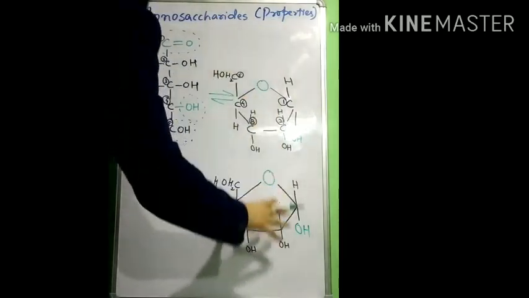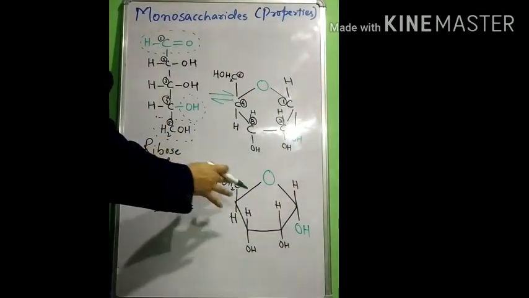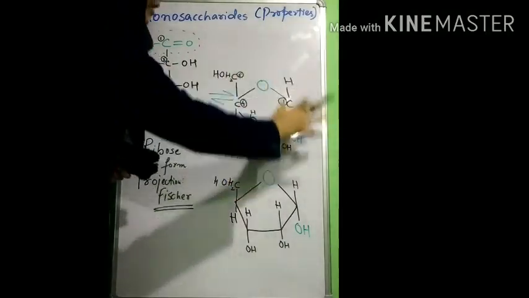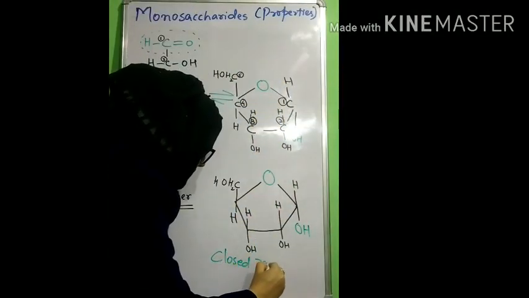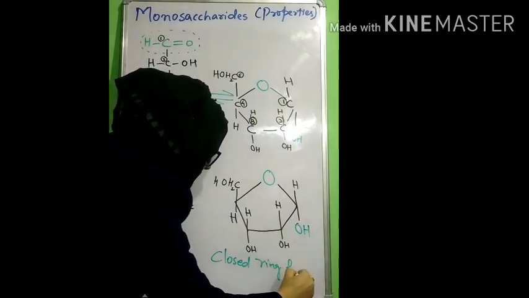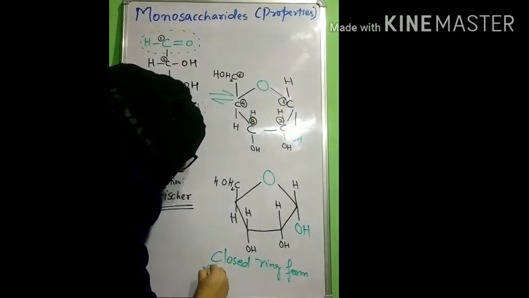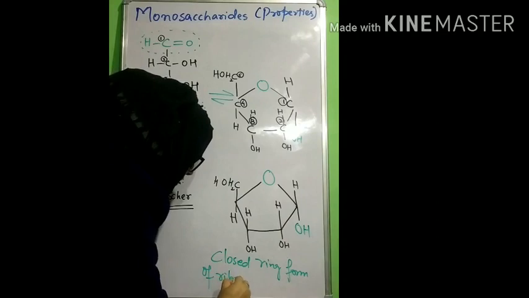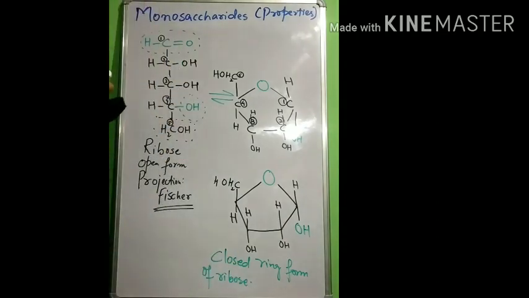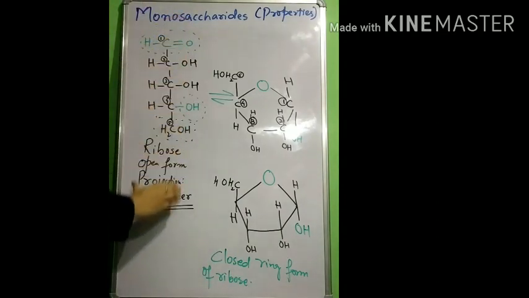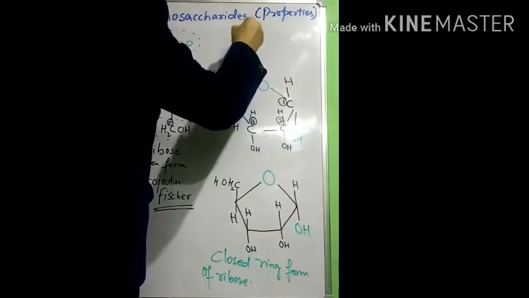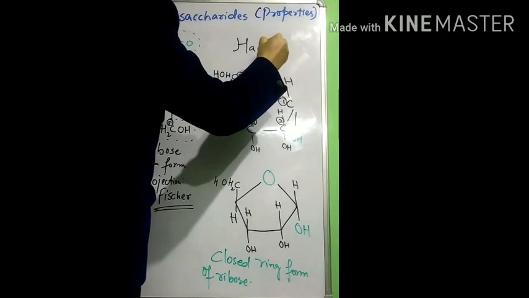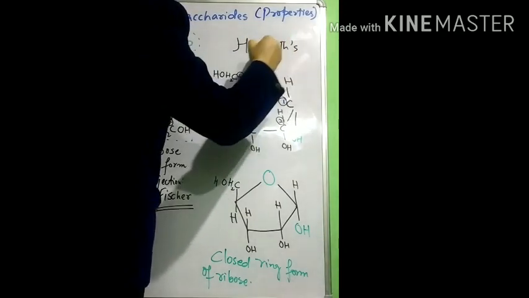And which form is this now? This is no more the open form. It's now a ring. So this is your closed ring form of ribose. Okay. This was which projection? Fischer projection. This is called Haworth's projection.